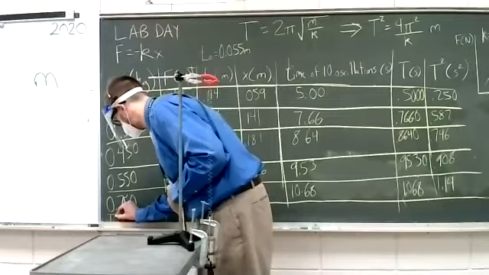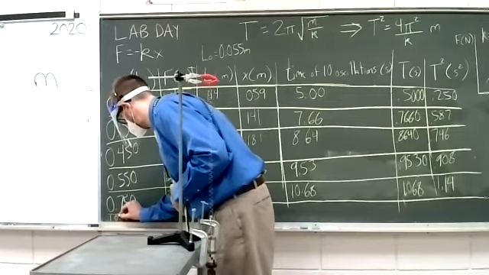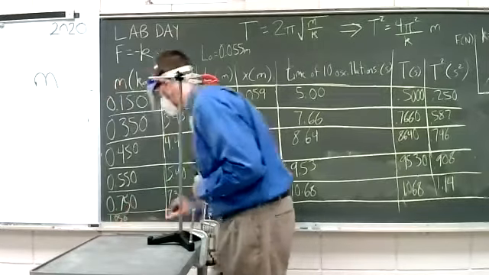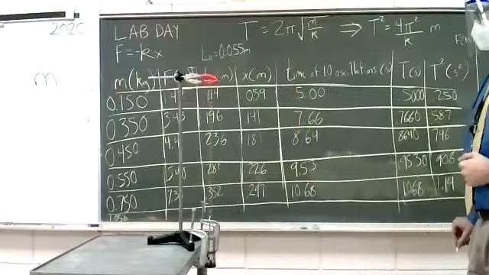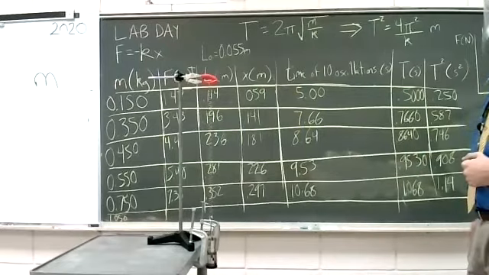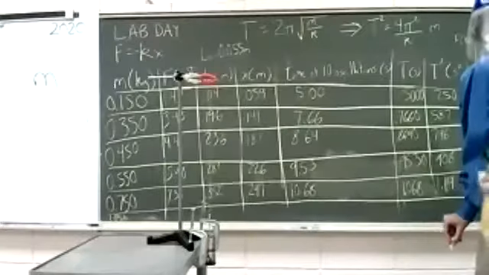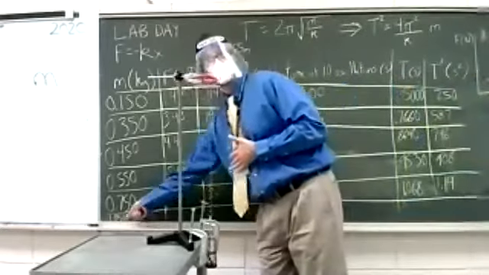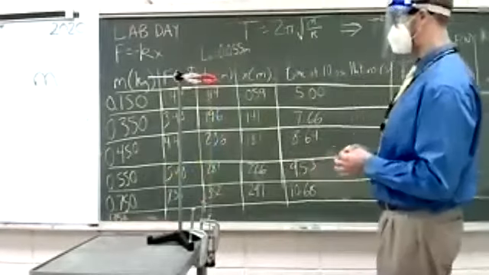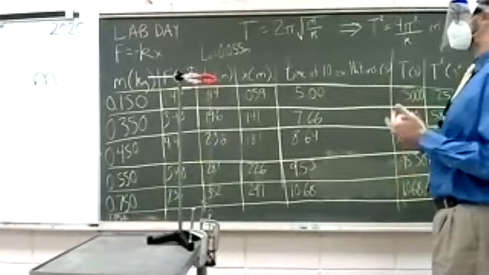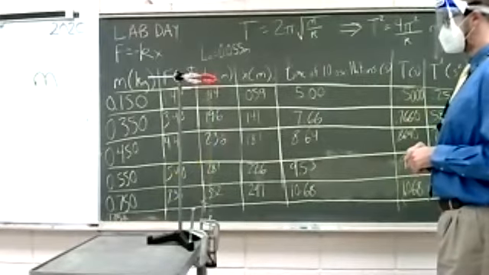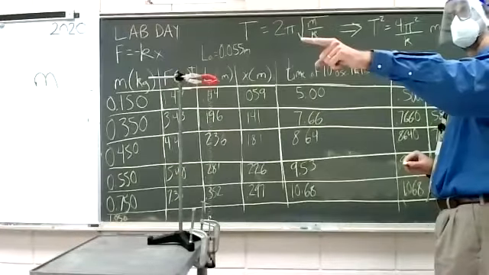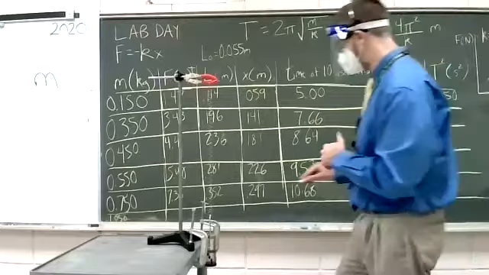It's 500, so it's 1.050, right? And if you've got really good eyes, you can maybe read that. 1.050 kilograms times 9.81, got to be about 10 or so, but it's exactly 10.30.